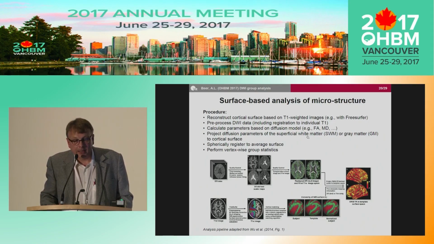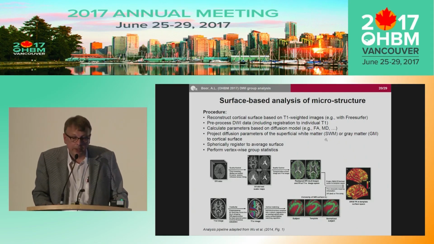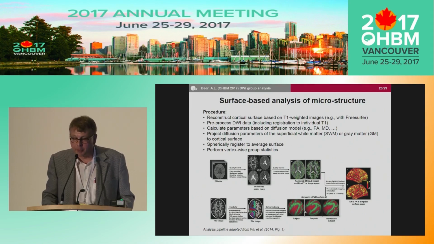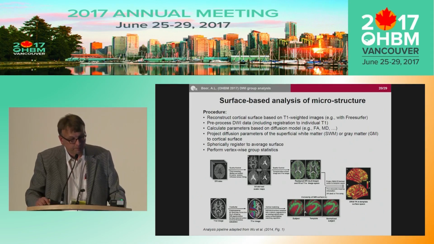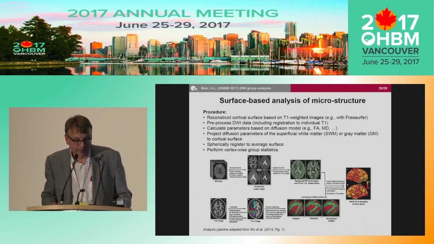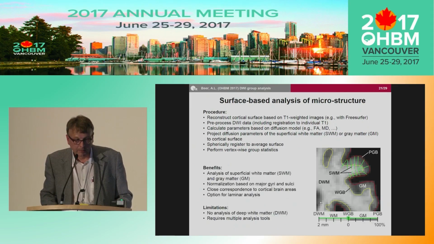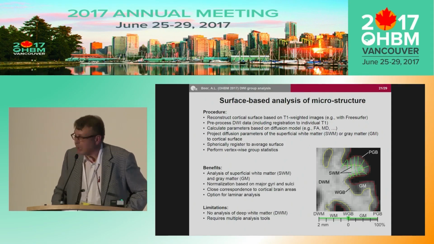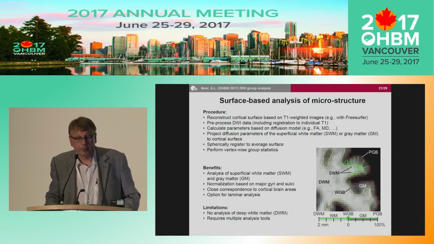To be precise, we should call that superficial white matter rather than white matter, which I think gets clearer with the next slide. Here's an analysis pipeline, this time not by myself, but by Wu, who also applied that, just to give you some variety of explanation. Basically, what we do is we project the diffusion properties in the neighborhood of the surface.